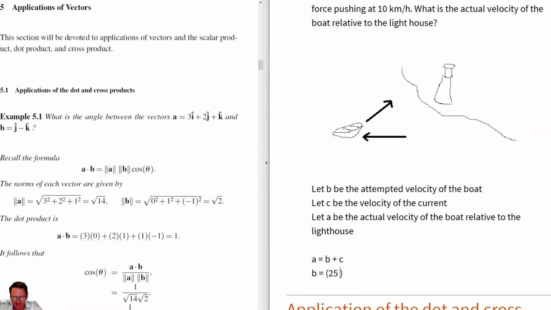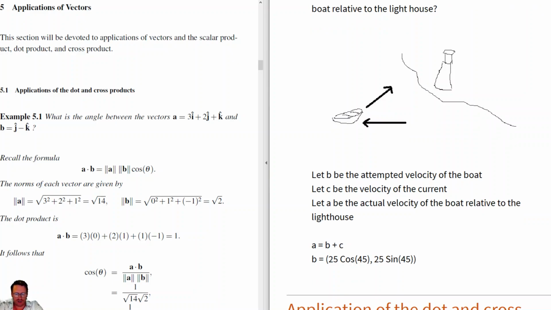The magnitude is 25, so 25 cos of 45 degrees, and then the component up will be 25 sine of 45 degrees. And then the vector C is minus 10, comma 0.